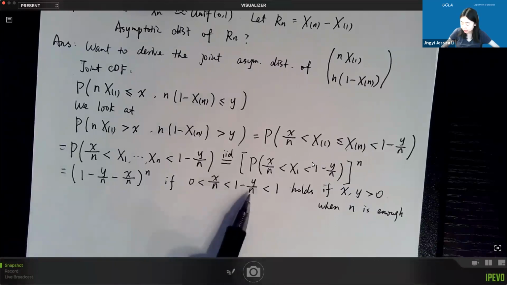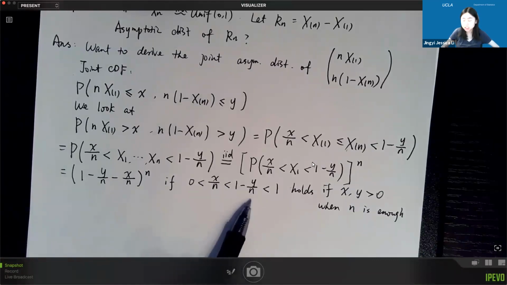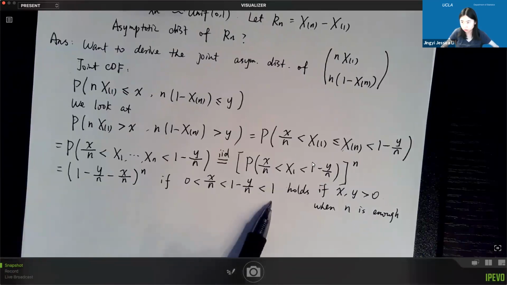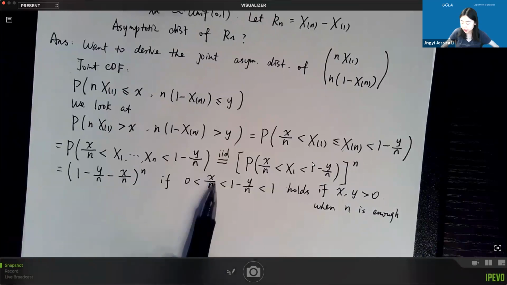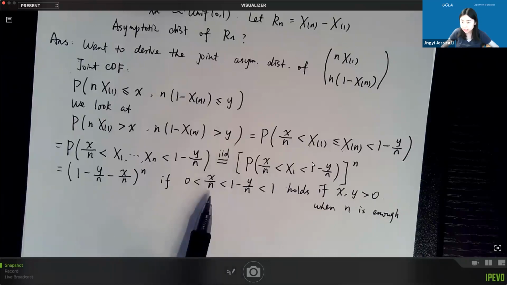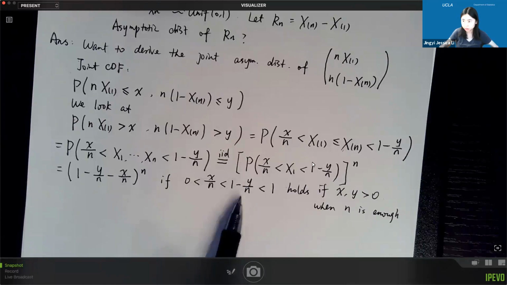And when y is positive and n is large enough, then 1 minus y over n less than 1 holds for sure. And then between x over n and 1 minus y over n, when n is large enough, the left side is going to 0 and the right-hand side is going to 1. So that's why the left-hand side less than the right-hand side happens for sure. So that's why asymptotics make things a lot easier. And here, the only condition we need is x positive, y positive. That's it.